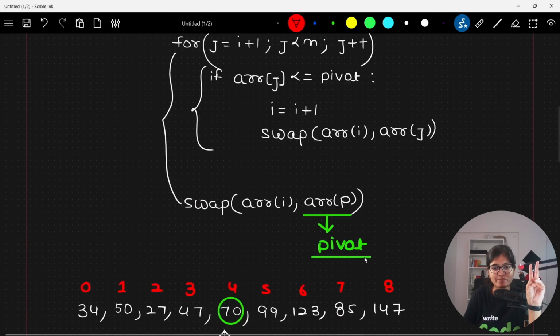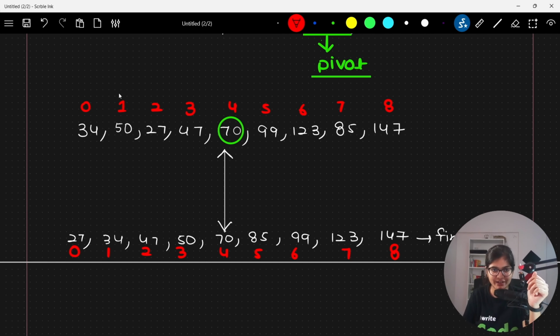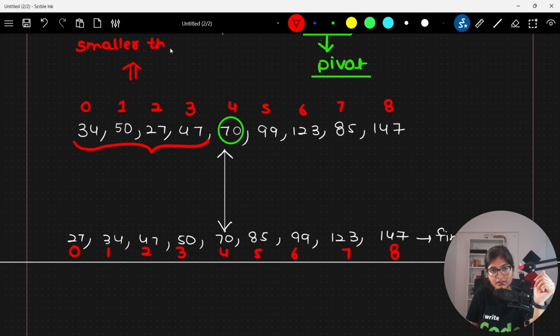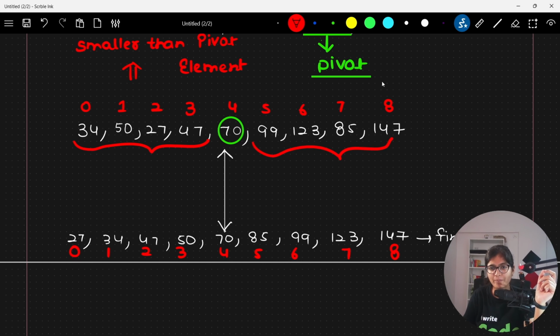Now, the next important point: all the elements which are left of the pivot after the first iteration are smaller than the pivot element. All the elements on the left side of the pivot are the smaller ones, and all the elements on the right side of the pivot are the larger ones.